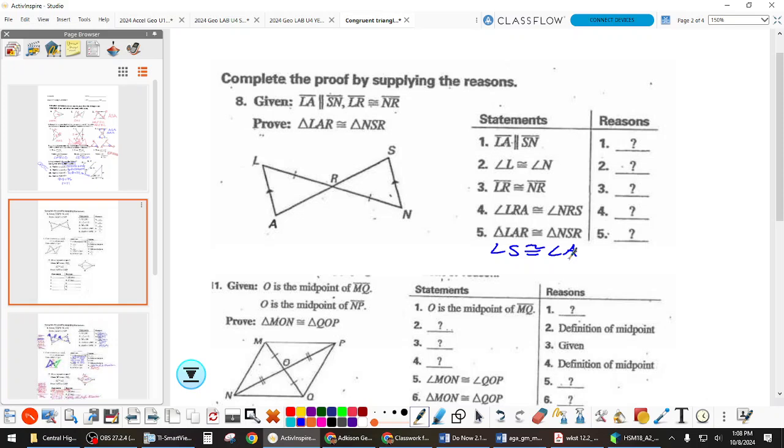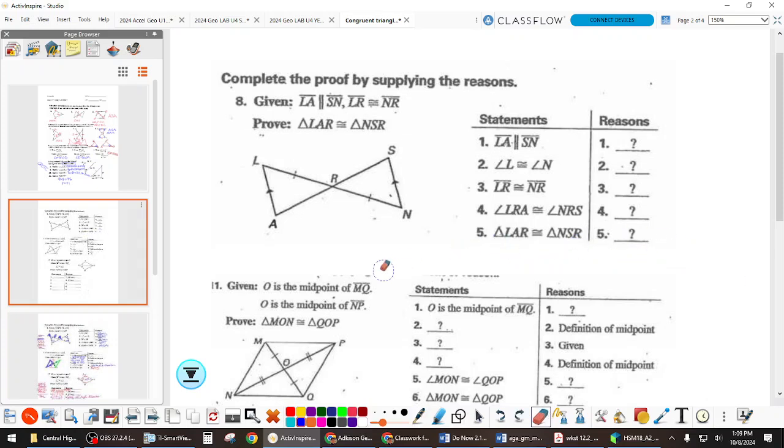CPCTC. Everybody say it? Okay. So the other type of proof is prove triangles are congruent, but conclude by proving parts are congruent. So they will always conclude with that step. It's just a little extension of what we're about to do.